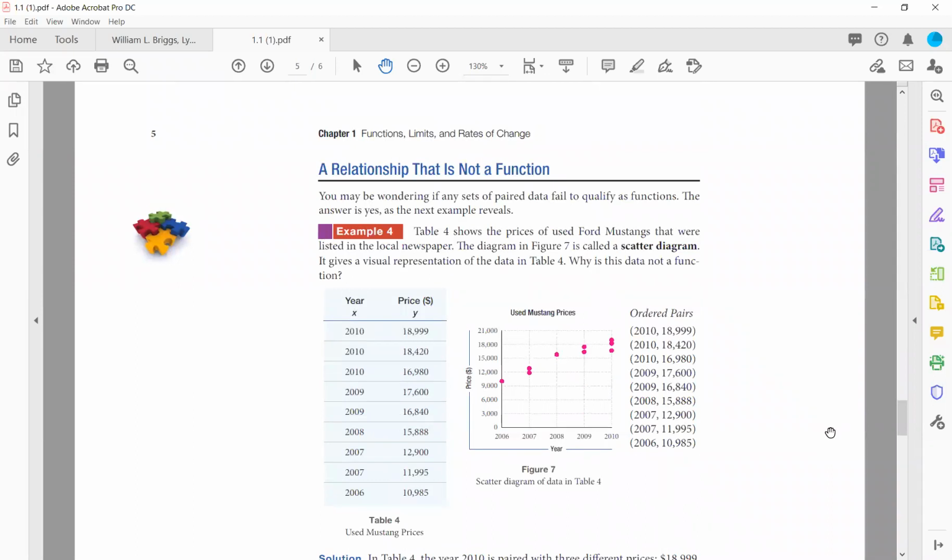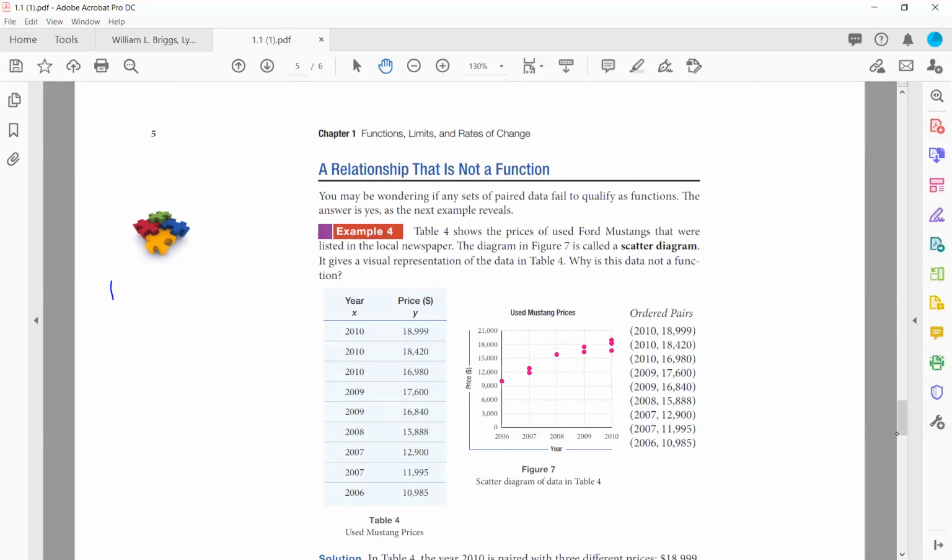So we learned that we can define a function using some points. Now I expect you to ask, what if I have a collection of points? A collection of points, or we call it a relation. Is it necessarily a function?